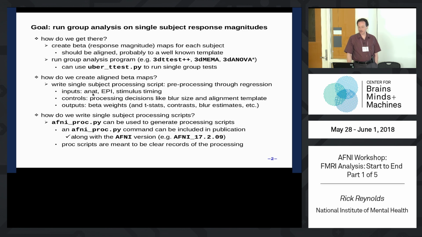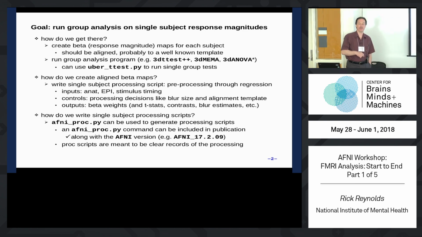The inputs in that script will be the anatomical and EPI data sets, along with stimulus timing files to tell the regression program when the stimulus events occurred. And included with that, we will tell it how to model our stimulus responses. And then you have some controls, your processing decisions like the blur size, and there are lots of options, right?